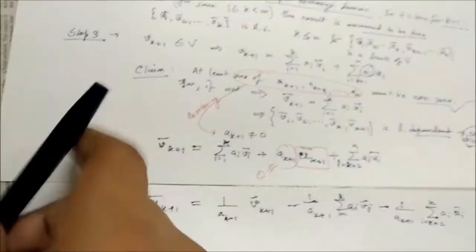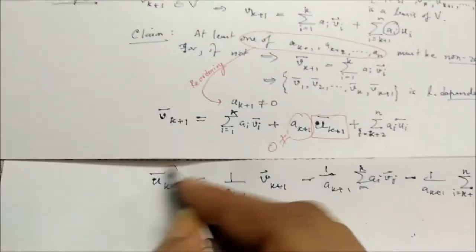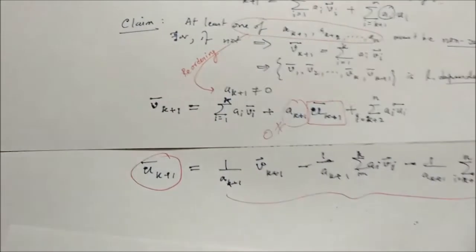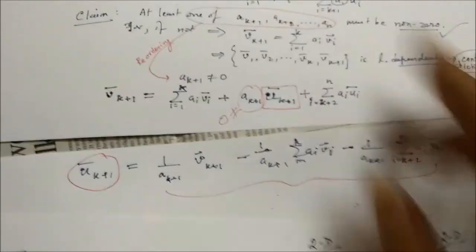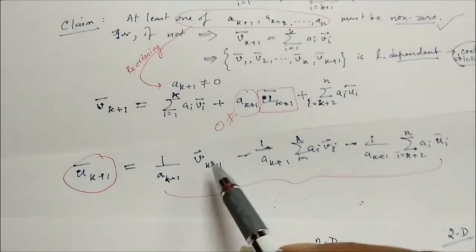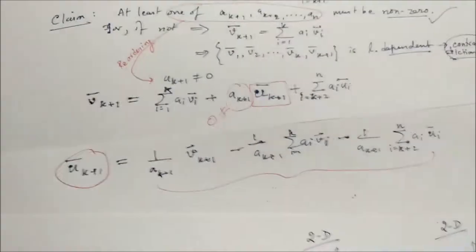So what we have done, like we discussed, is replaced this by this whole thing. The idea is now this is in terms of this vk plus 1.